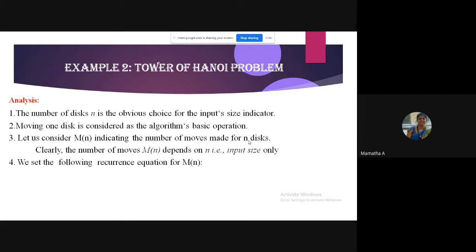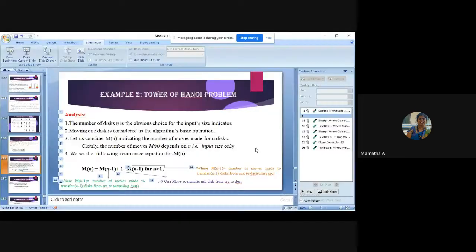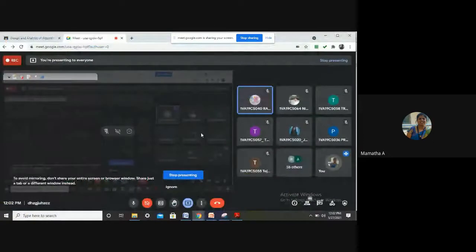Let's not expect a right answer. M of n minus 1 plus 1 plus m of n minus 1. Okay, very good. What is m of n minus 1, Rakshita?